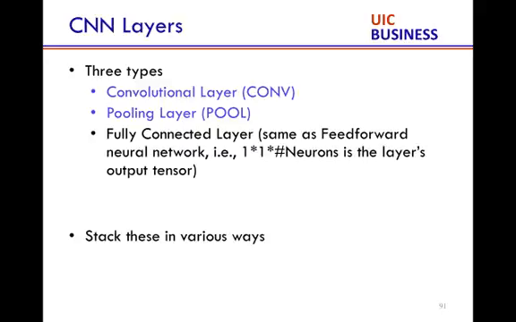One you already know, which is the fully connected layer. In that case, you may think of it as the hidden layer of a fully connected feedforward neural network, because that's what it is. Every node is connected to every other node, either on the input side or on the output side.